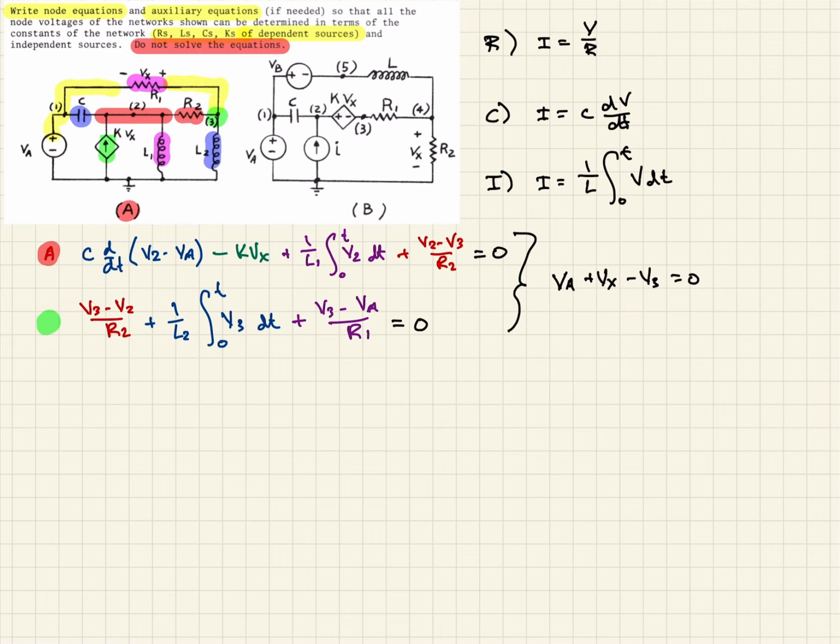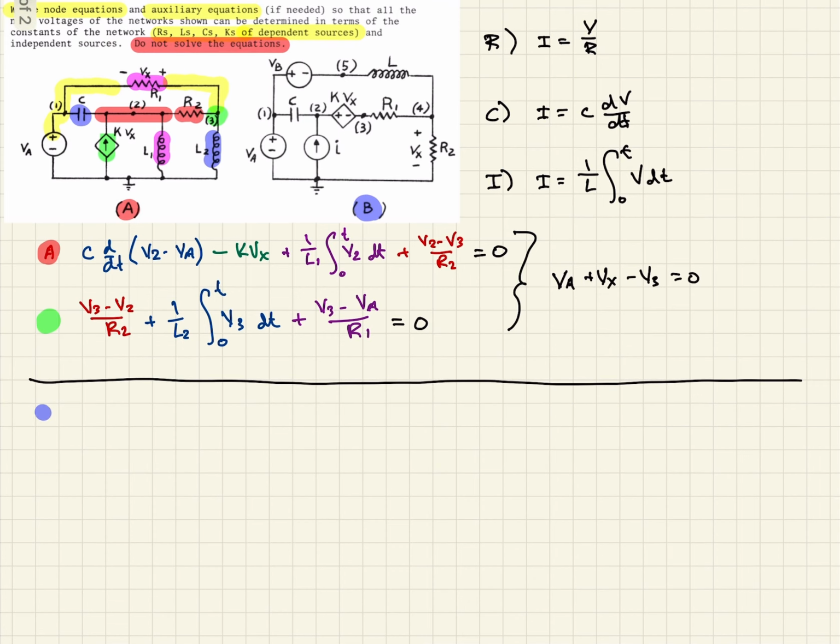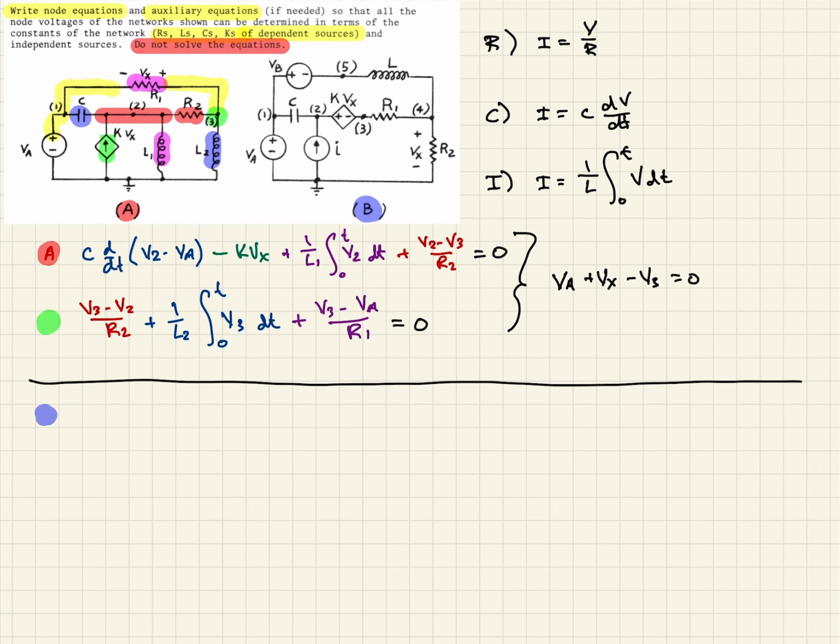Now we can look at the B circuit. Let's draw a dividing line here. It's the same type of approach though. Again, this is the B circuit. On this one, again, we're going to look at node 2, which is here.